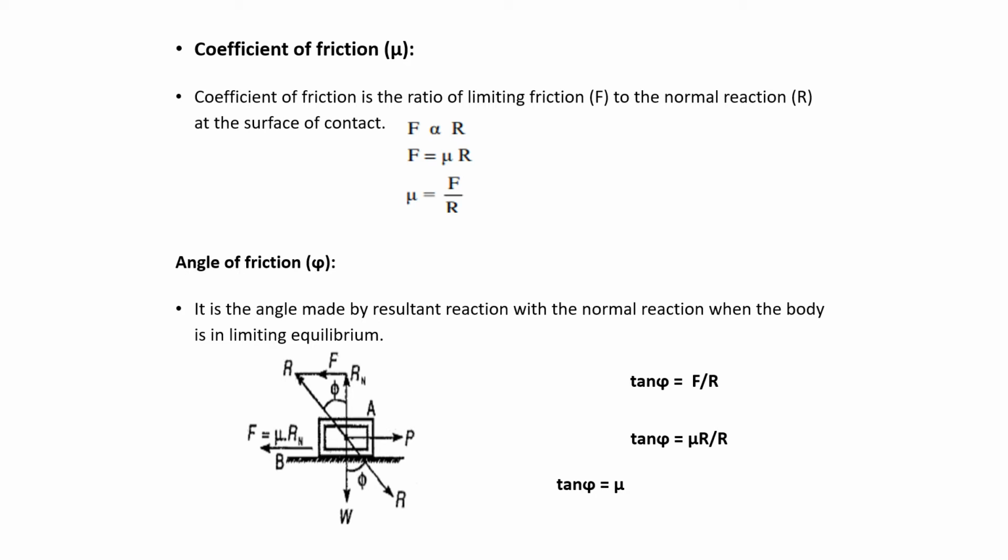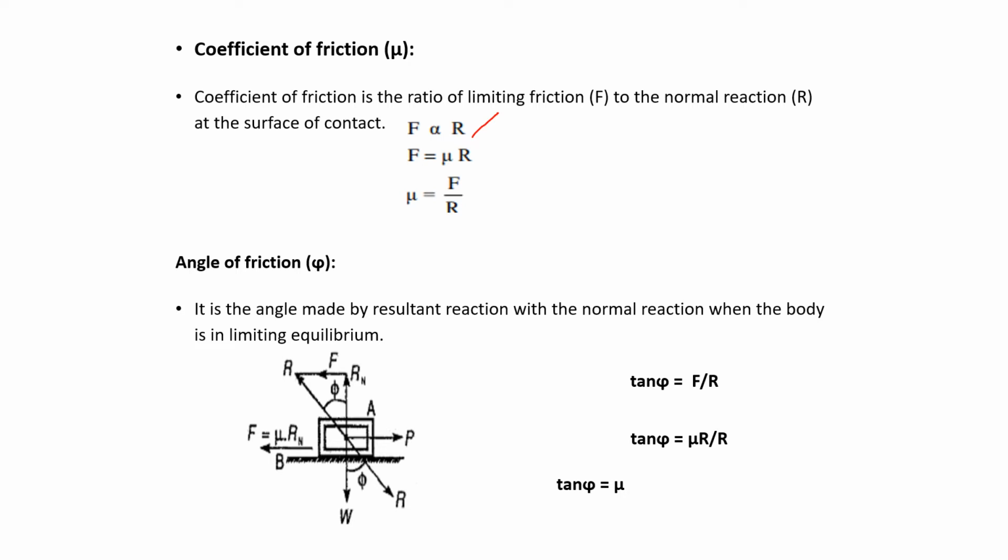As we know, limiting friction is proportional to the normal reaction R. So F is proportional to R. So F is equal to mu into R, where mu is the coefficient of friction. And we have taken this mu to remove the proportionality sign.